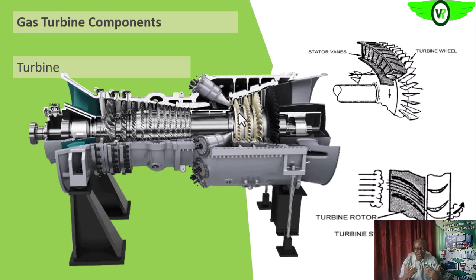Then there is also the reaction part too. Remember the space between the blades, as you can see here. They are so designed that they will throttle the gas that is going between them to direct it to the other.